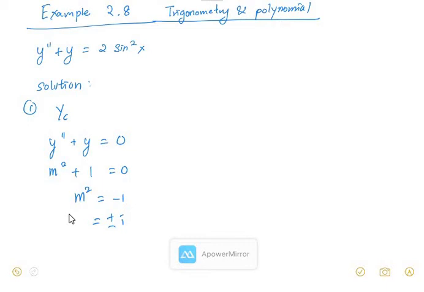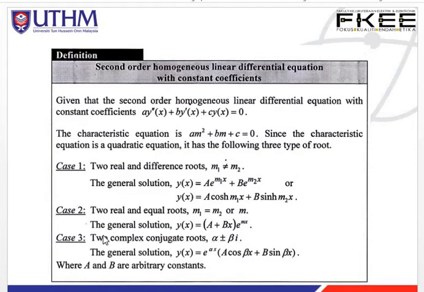So you can find the case based on the root. Since the root is complex, therefore the case is case number 3, two complex conjugate roots alpha plus beta i. The alpha should be 0, the beta is 1.